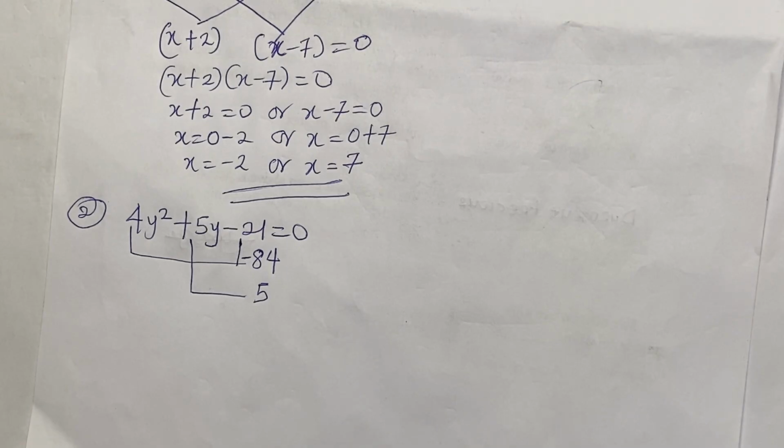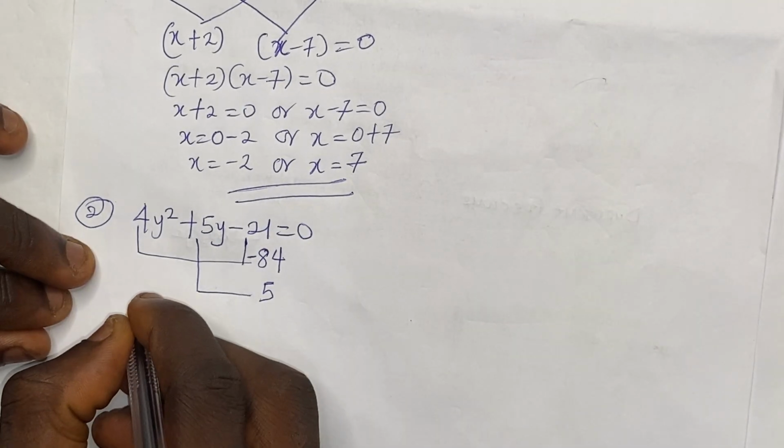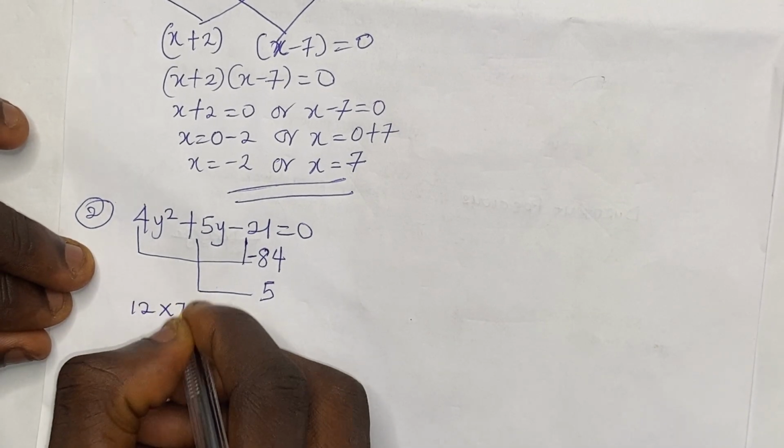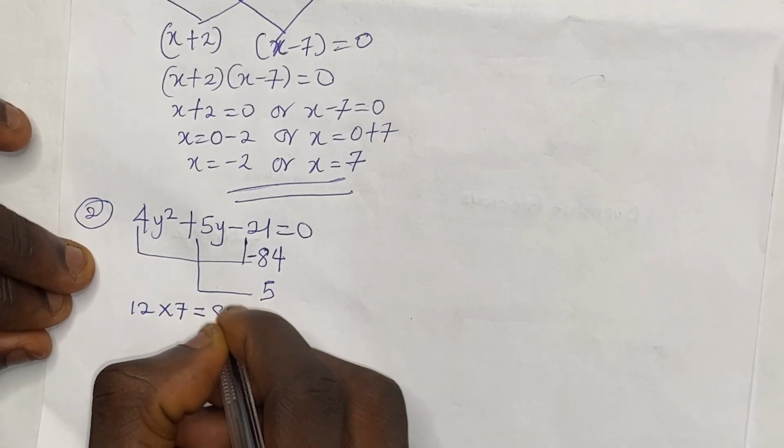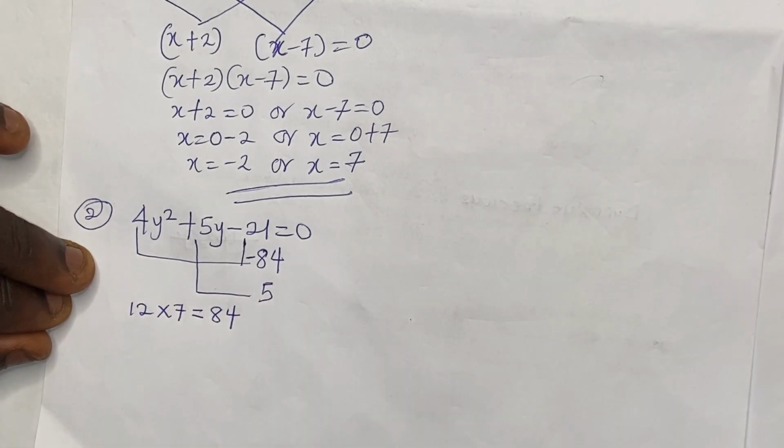So let's say 12. We've checked 12 times 4. 12 times 4 is 48. 4 times 21 is 84. So let's see 12 times 7. 12 times 7 is 84. All right. So I have 12 times 7, which will give me 84. Are you seeing that now?